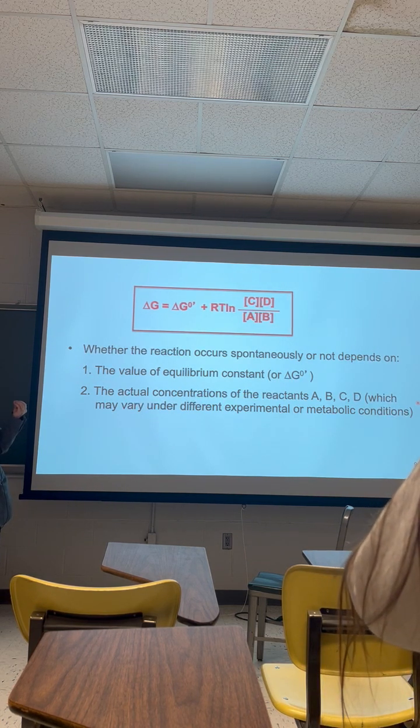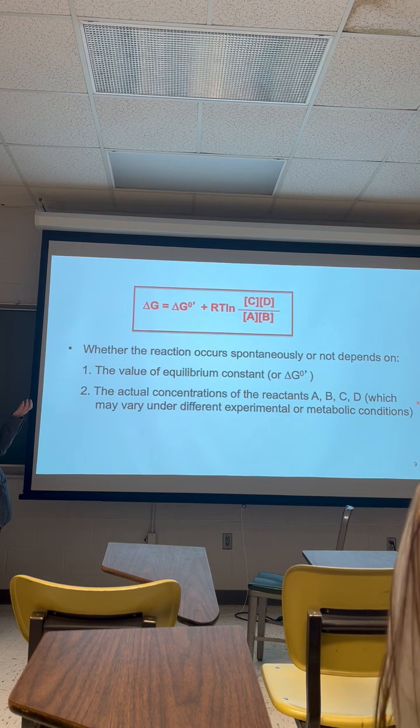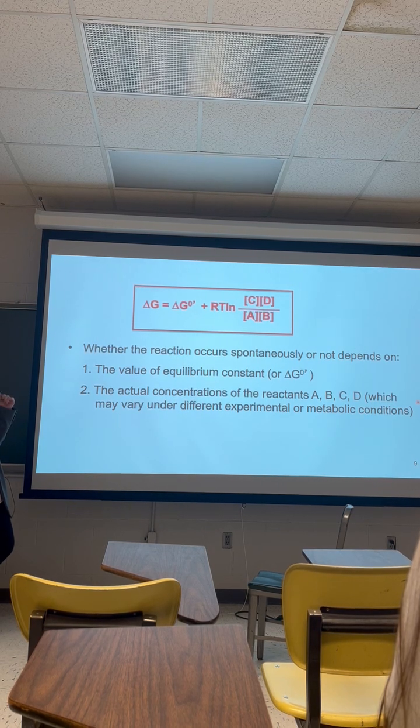So pay attention on Wednesday to what numbers you are given. If I tell you delta G0 prime is plus 20 kilojoules per mole, can this reaction occur spontaneously or not? You don't know.